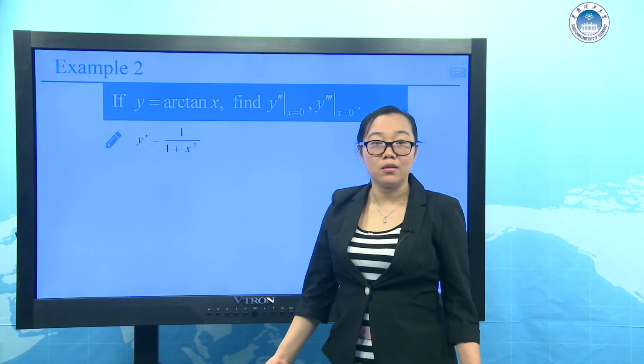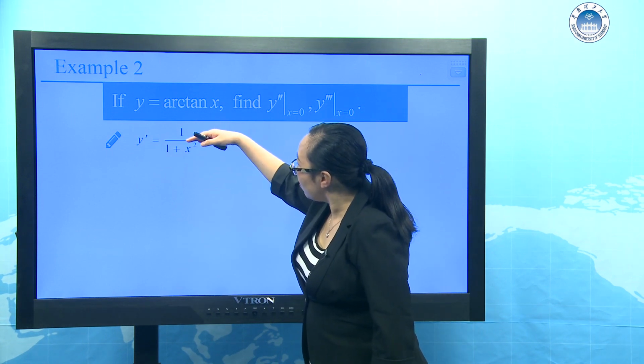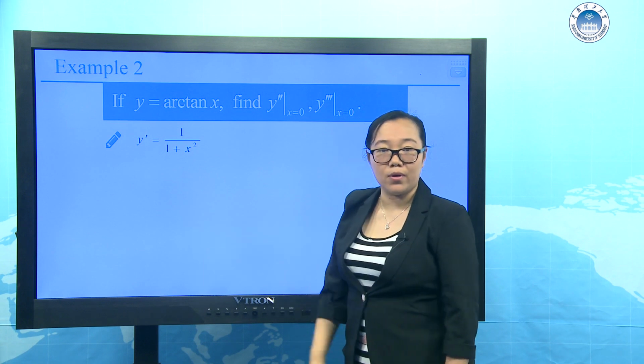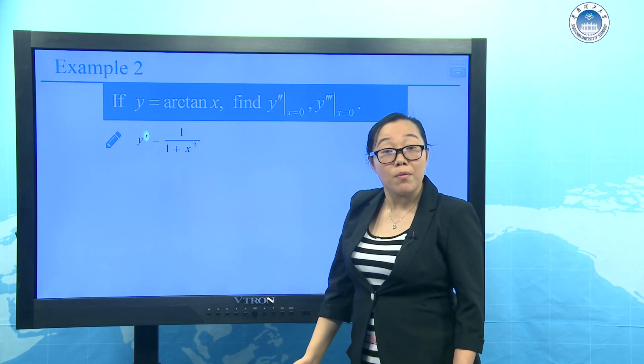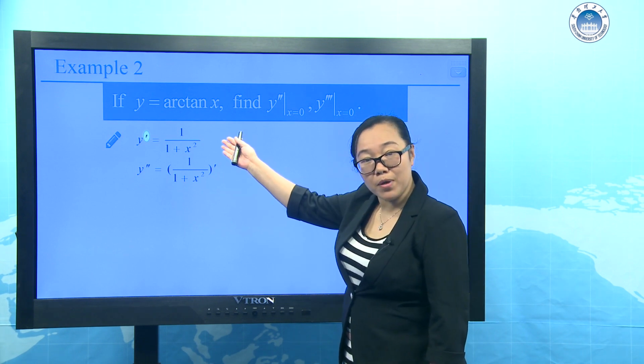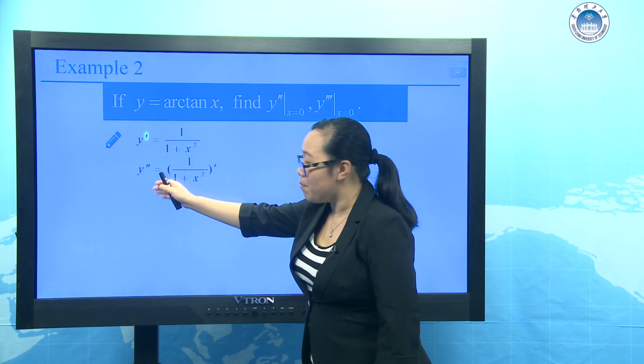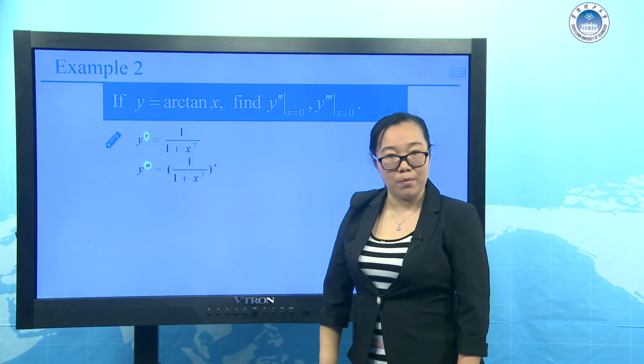So now look at y prime. According to our basic formula, y prime equals 1 over 1 plus x squared. And then from y prime we get y double prime. From this basic expression, we take the derivative again, meaning double prime.